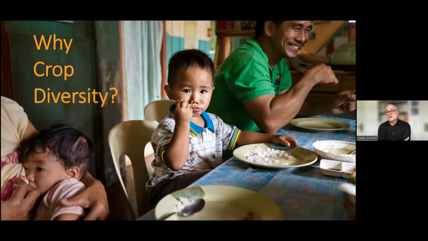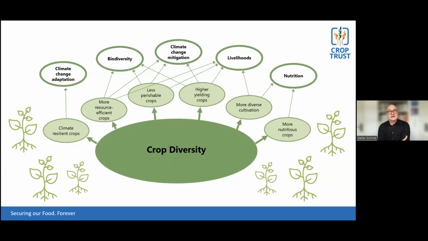So why crop diversity? What is our starting point? A very quick round of introduction here. Next slide, please. Crop diversity ticks a lot of developmental boxes. So the plant genetic resources, the rationale, why collect them, why conserve them, why use them, very important. It addresses climate resilience.